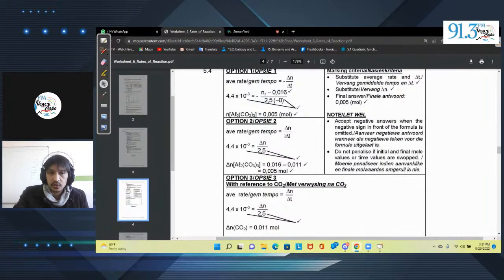So we use the correct equation, right? Delta N over T. We substituted the information incorrectly. But what I forgot to do was to notice that the change in N is what we're looking for, right? So delta N is now going to equal 0.011. So I'll just show you over here.